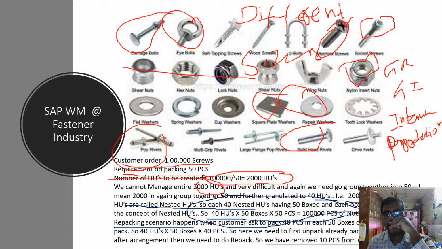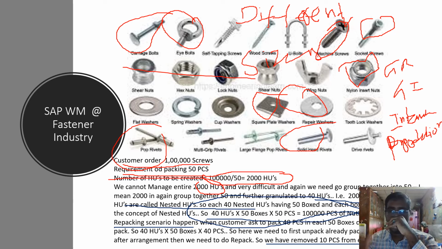Without HU, cancellation or confirmation is much easier, but when you are handling using handling units, then it will be a very complex system. Normally I can say HU is a very complicated thing. With WM HU, location is highly difficult. So some expertise is required.